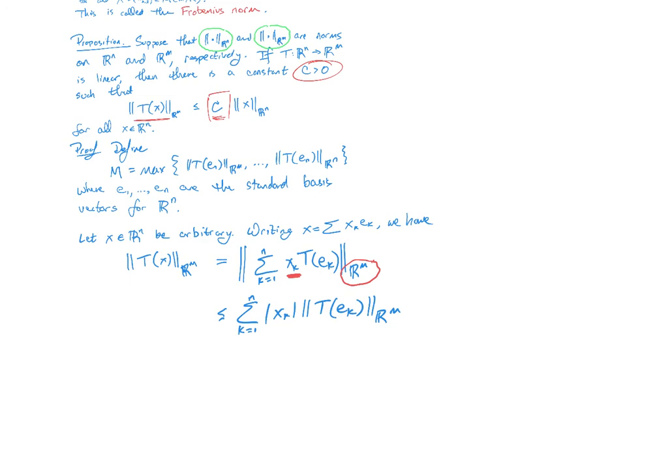Okay, now, where did we do it? Up here. We defined M to be the maximum of all these norms of the images of the standard basis vectors. So we can use that upper bound here.